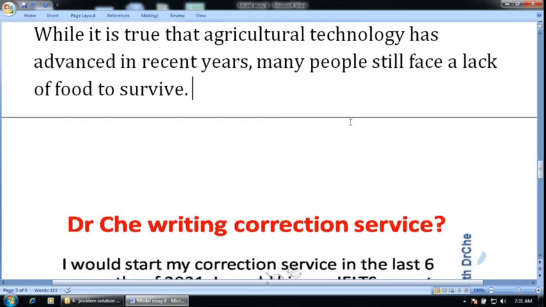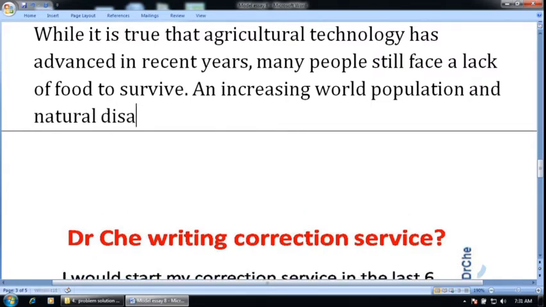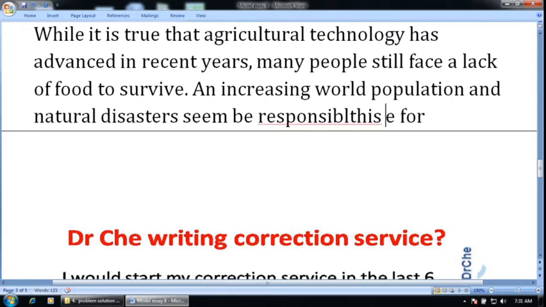So in this, an increasing world population and natural disasters seem to be responsible for this problem.